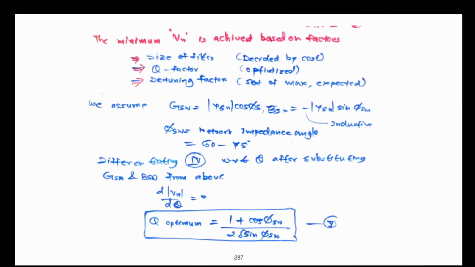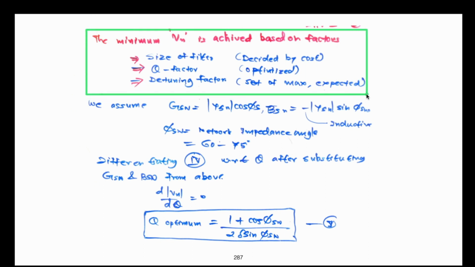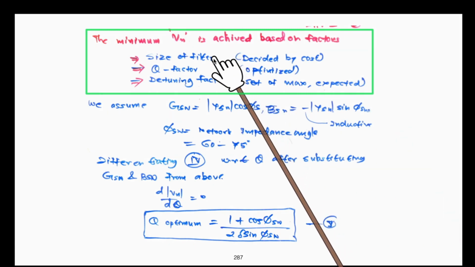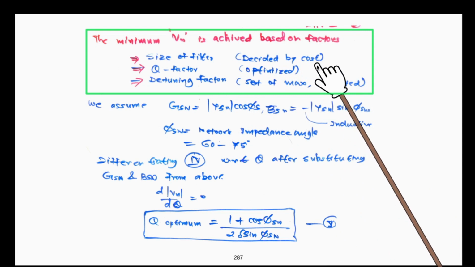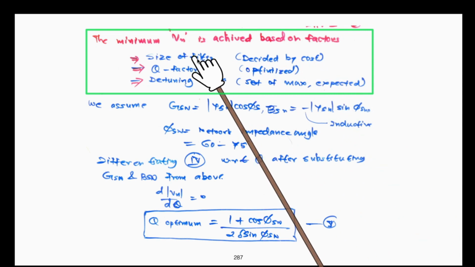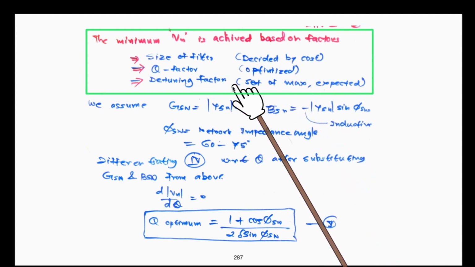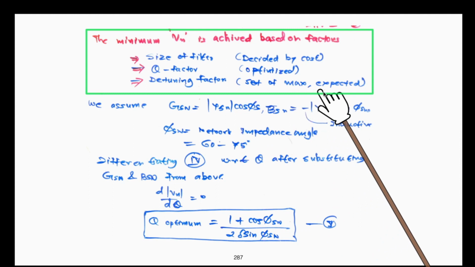So let us check the further part of the derivation. What is clearly mentioned here is that the minimum value of Vn can be achieved based on various factors. First is the size of the filter, which is decided by the cost that we defined earlier. Capacitor size is decided by the size of the filter. Q factor can be optimized, and the detuning factor is set to maximum.